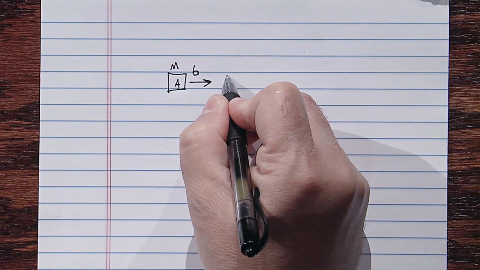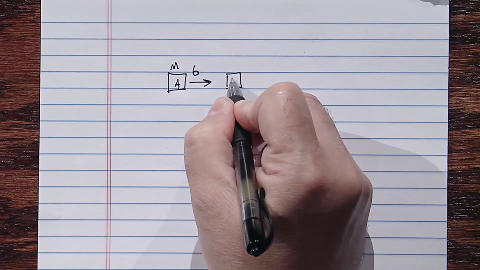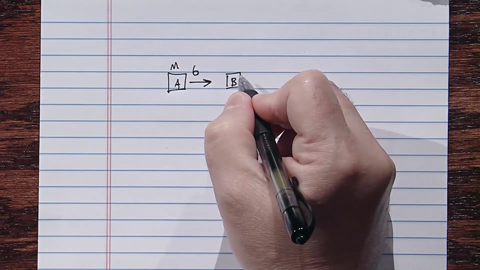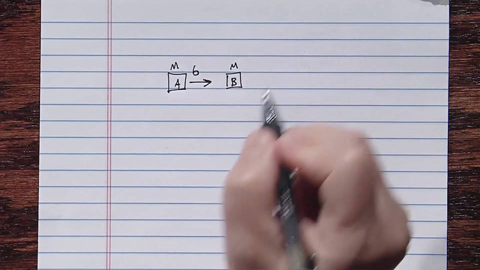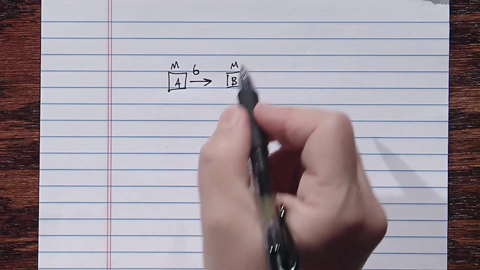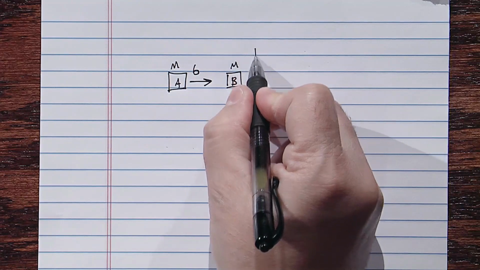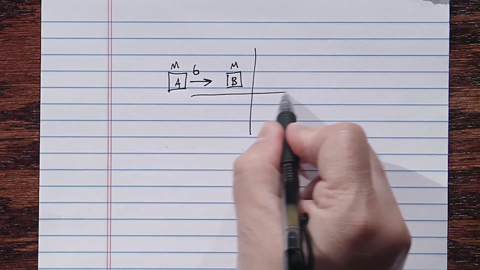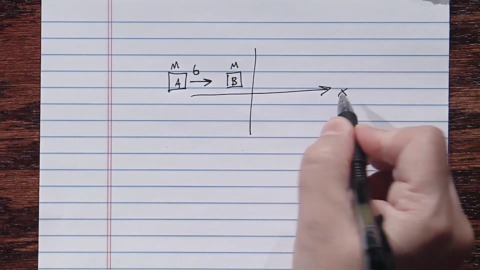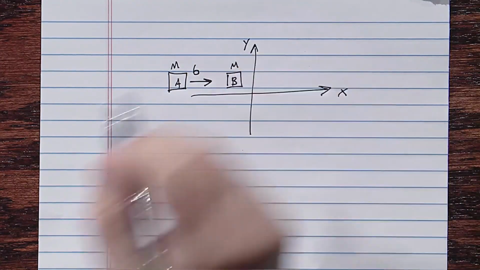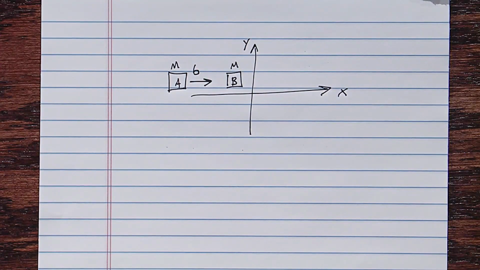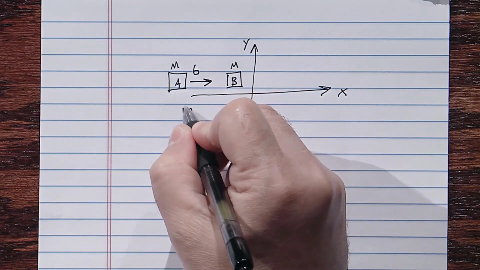And it collides with body B, which also has a mass of m and is initially at rest. And I will draw in my x and my y axes. This is our initial situation.